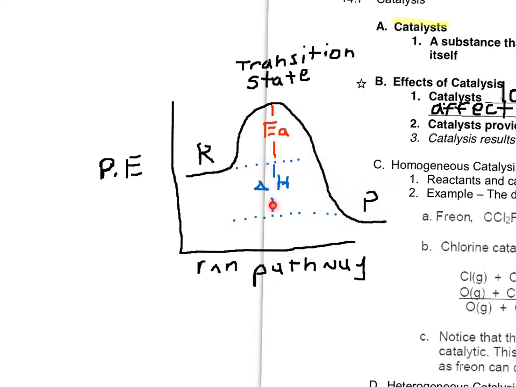This delta H here is the enthalpy change from the reactants to the products. When you put in a catalyst, you're still starting out with the same reactants, you're still ending with the same products, but what happens is this.